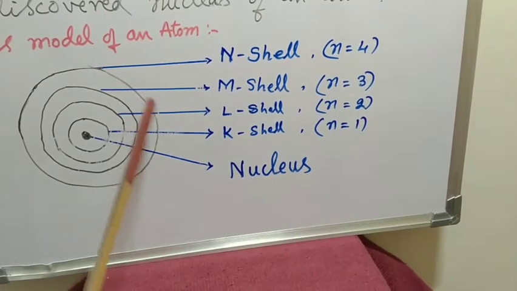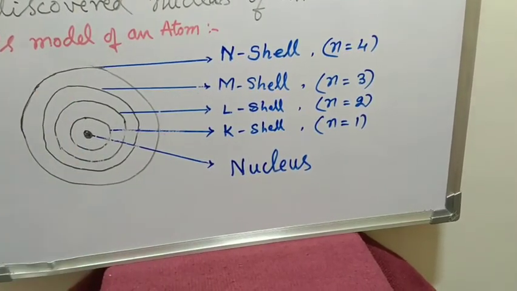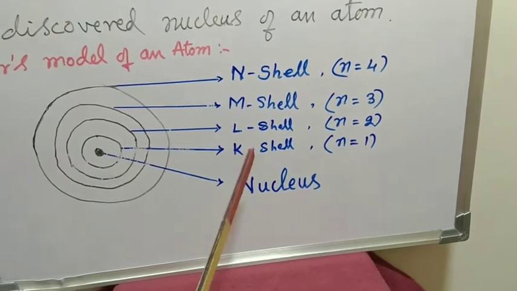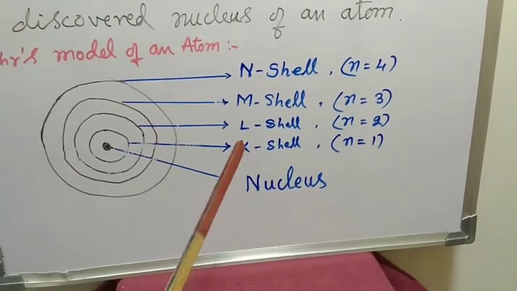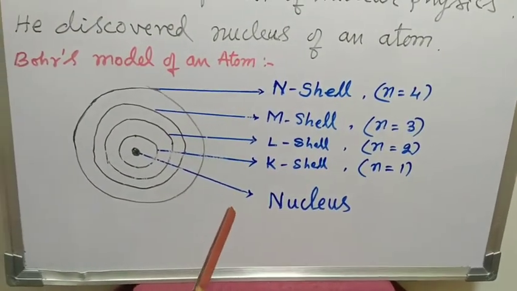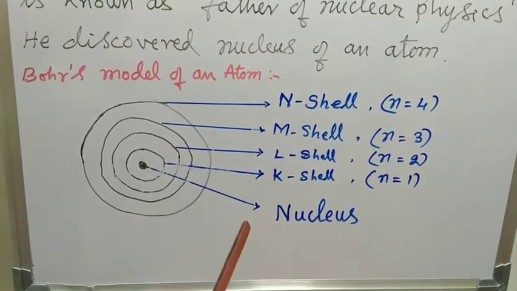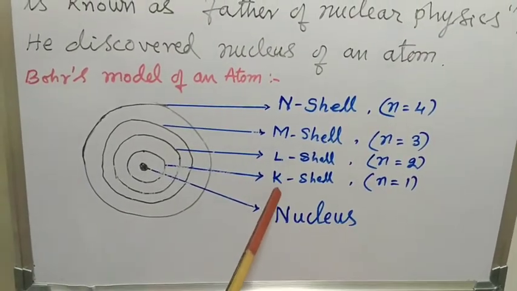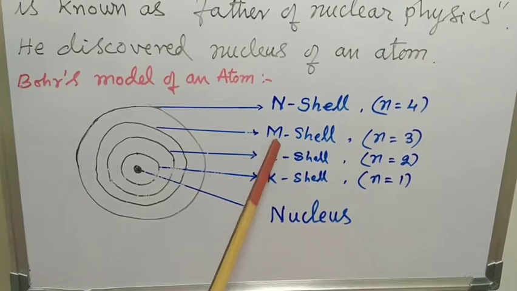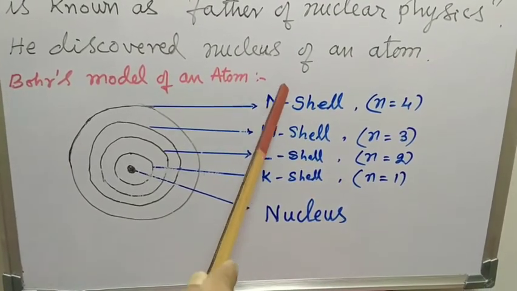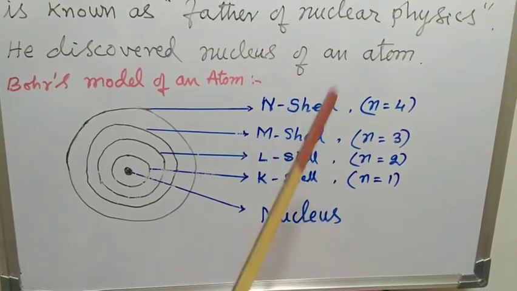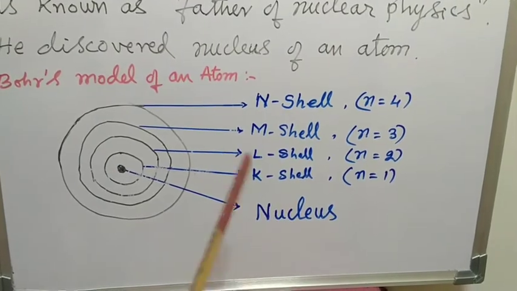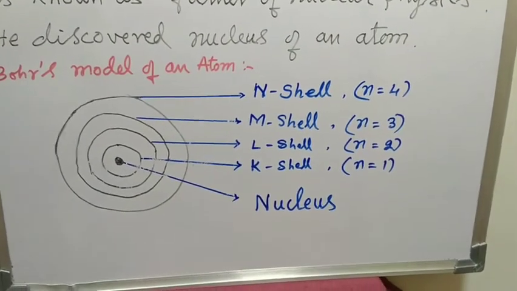So not only 4, some more shells also there. In this way, all atoms according to their number of electrons, they are distributed in K shell, L shell, M shell, N shell, O shell, etc. So we will learn more next.